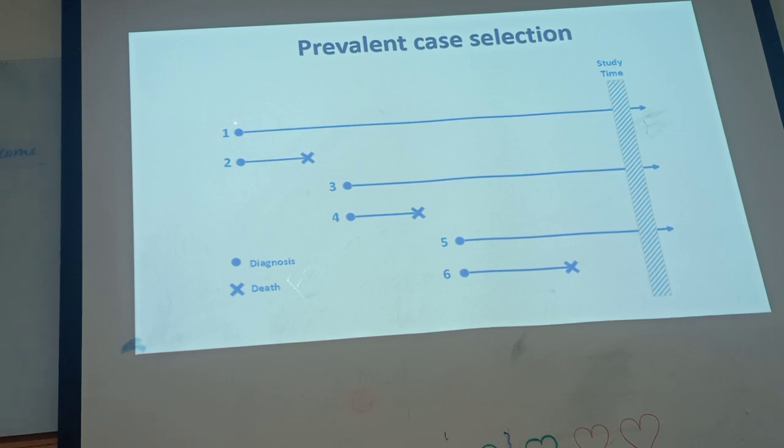First, case number 1, 3, and 5. So, these cases do not have the chance to be included in our study. And if the exposure of interest has a strong association with the severity of the disease, those who have already died and do not have to be included in our study may have been exposed.